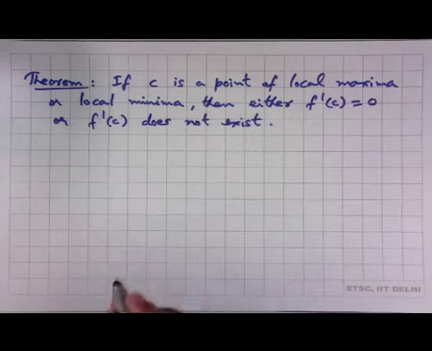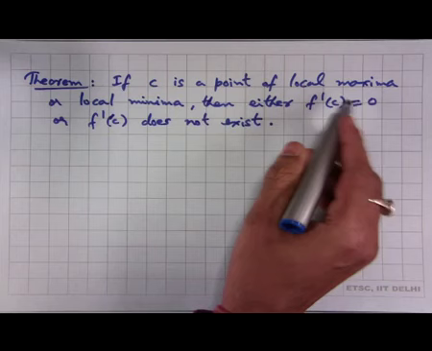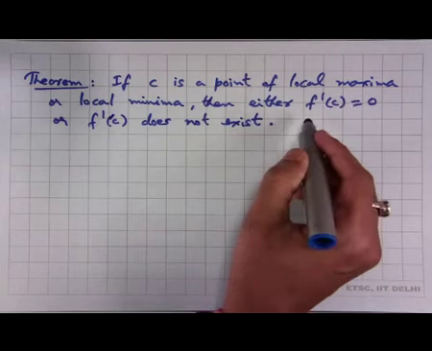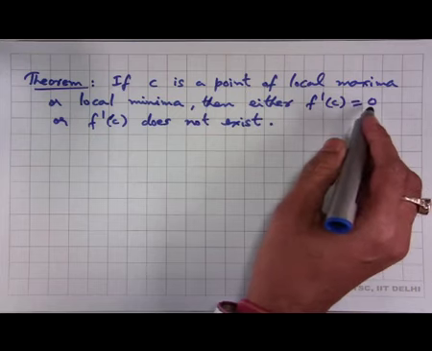Remember that we have proved this in previous lectures, that if we have a point of local maxima or local minima, and if the derivative exists, then the derivative must be equal to 0 there.